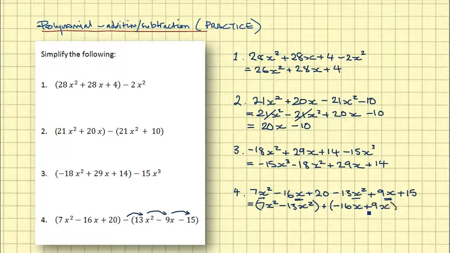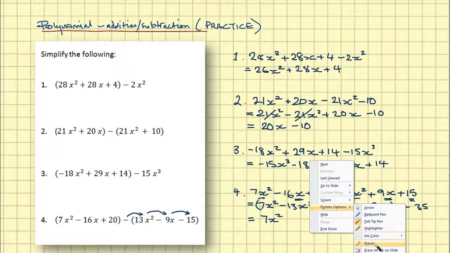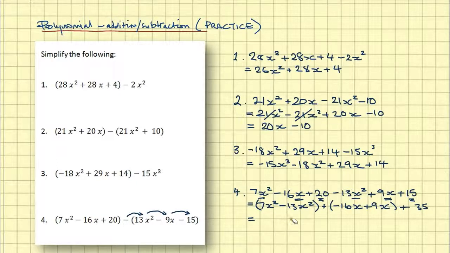Well, okay, let's add to start with. So we're just adding these together. But we've got to remember that this is a negative 16x. And here we've got a positive 9x. And then finally we've got this 20 here and 15, both positive, so we can just write that out straight away, I think, plus 35. Now let's sort out the brackets here. So we've got 7x squared, just erase that.